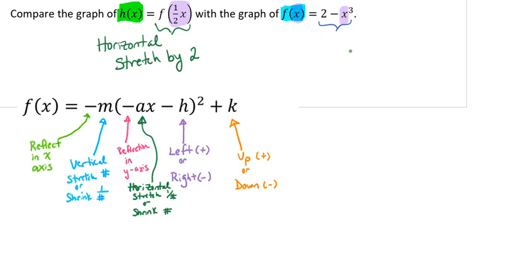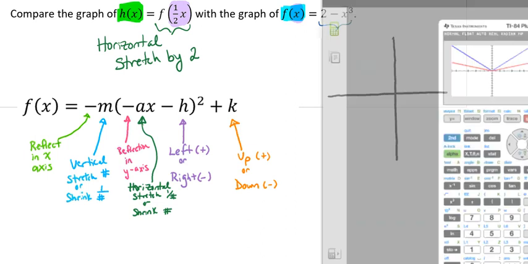So let's set up to sketch this and see how that looks and make sure that we're right. The first thing we're going to do is graph our f of x equation, which is 2 minus x to the third. To do that, we're going to use our calculator.